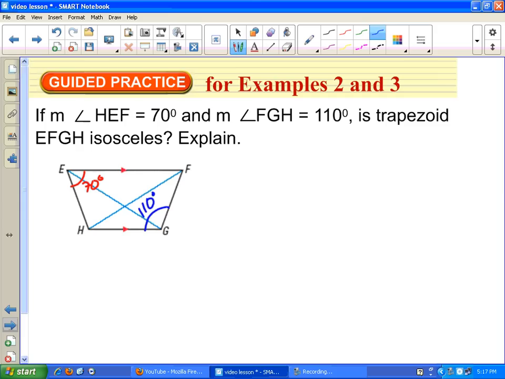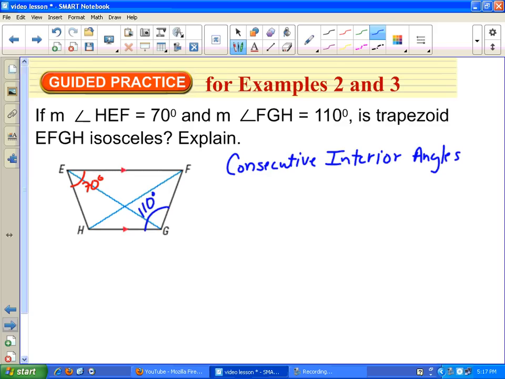So we've got to think real hard. We're going to have to go back to consecutive interior angles. We're going to fall back to consecutive interior angles.